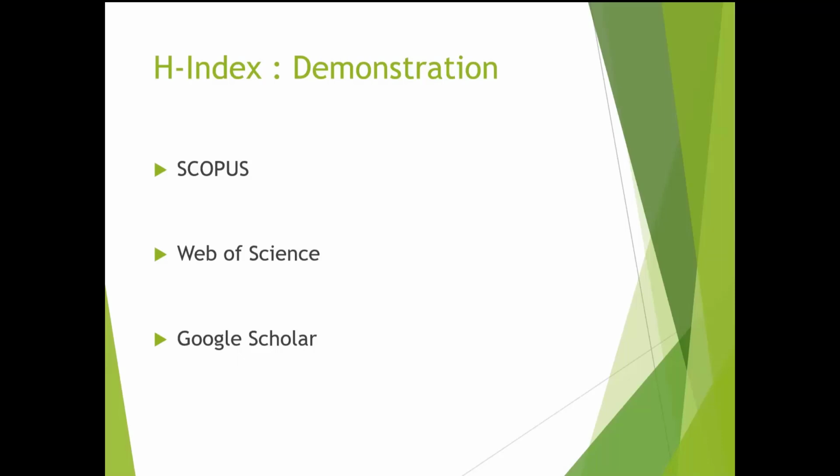This is because every tool varies in the number and kind of publications it covers. For the most part, H index is calculated for journal publications, so articles published in journals and times they've been cited in other journals. But sometimes, depending on the tool you're using, that can extend to other types of publications.